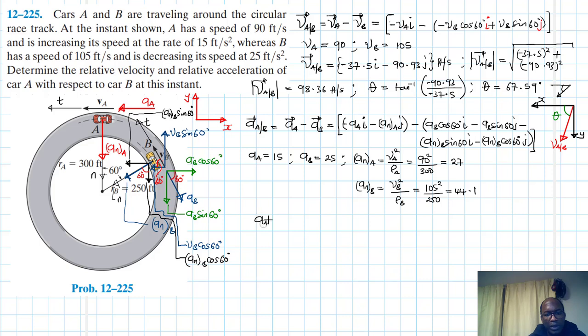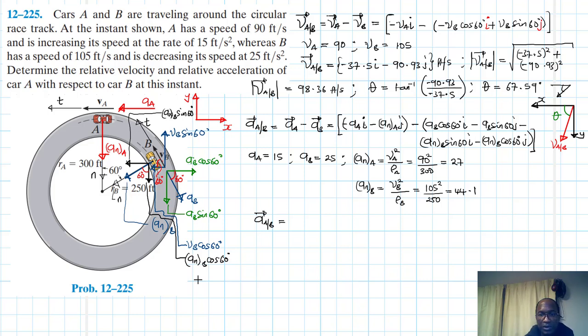So A with respect to B is therefore going to be equal to, let's work it out now. Let's sum up the i components.